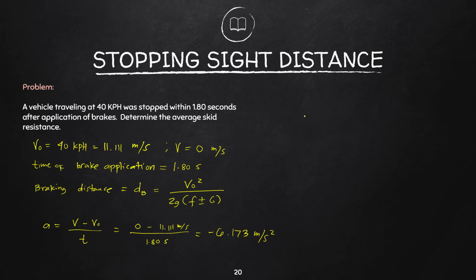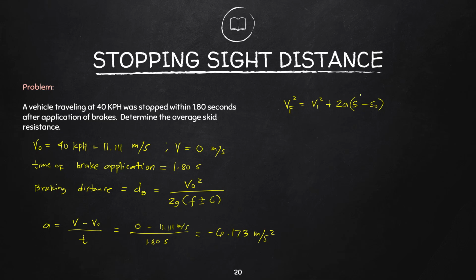From your kinematics, we have a formula: final velocity squared is equal to the initial velocity squared plus 2 times the acceleration or deceleration multiplied by the distance s minus s sub 0.